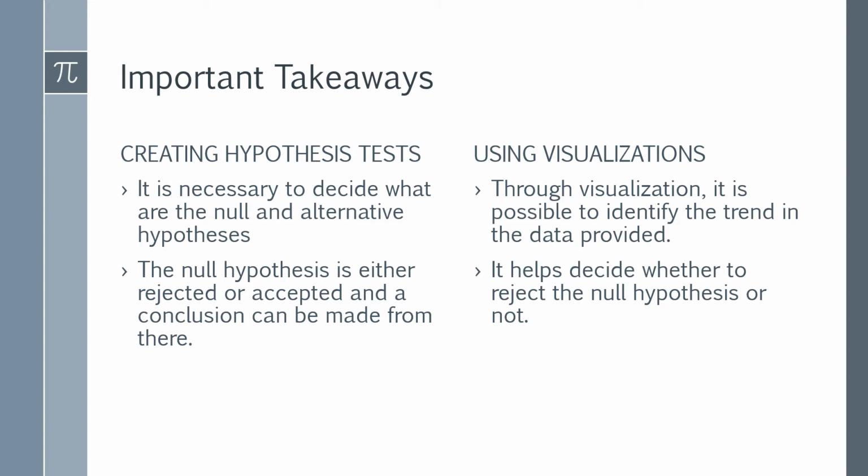Under the importance of visualization, one point is that through visualization it's possible to identify the trend in the data provided. We can see it in a picture which shows the trending in the data.